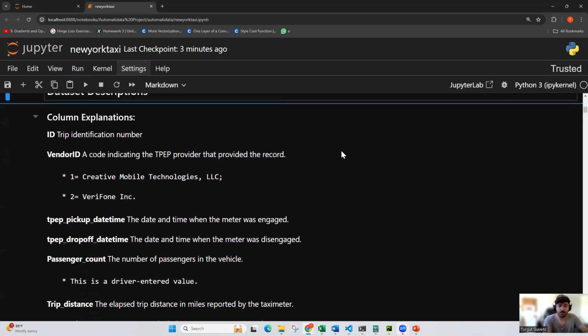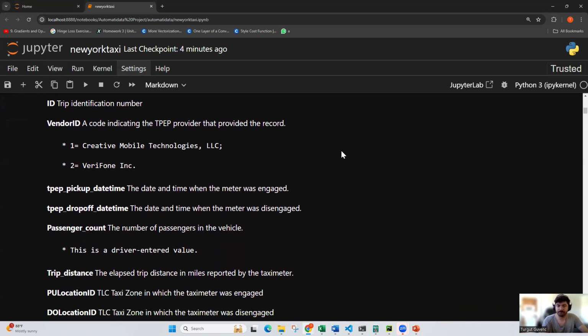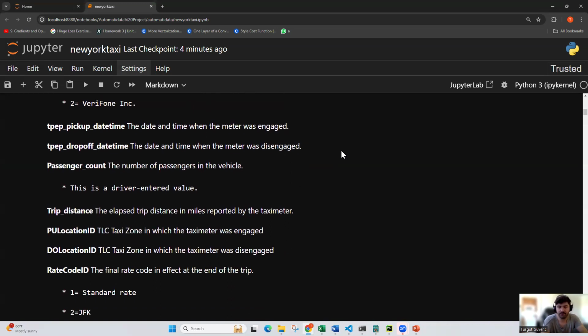So here we have the column explanation part. We have ID, of course, the trip identification number, and vendor ID. There are two vendors in our data sets, Creative Mobile Technologies and Verifone Inc. Probably those are Verizon or something.